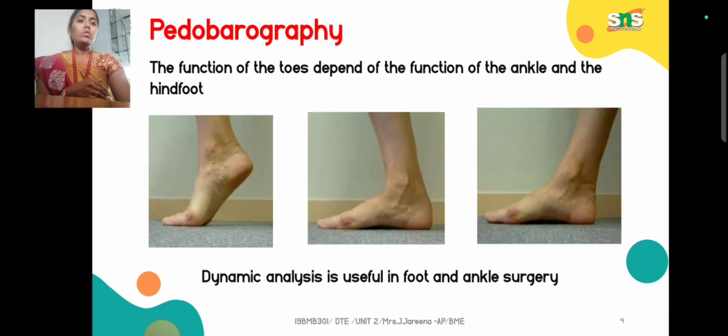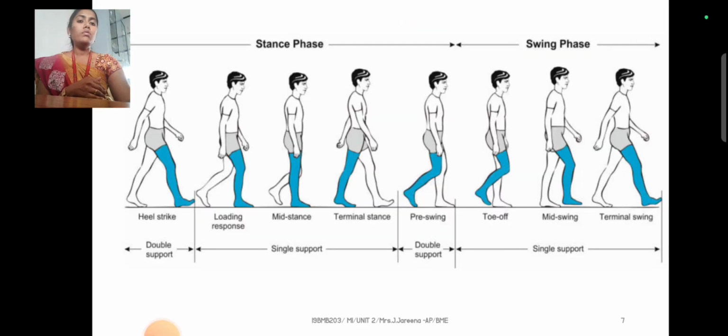As I said before, to understand the application of pedography, first we should know what a gait cycle is. This is very important. The static part is very simple: when we are standing, what is the pressure difference we can measure.